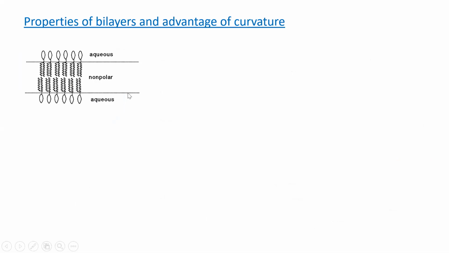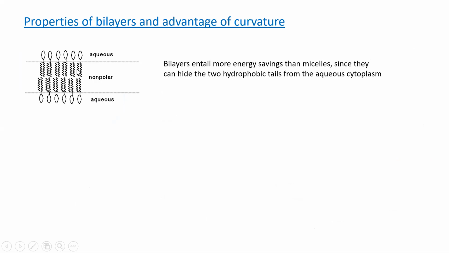So, properties of bilayers and the advantage of curvature. Bilayers, like the cell membrane, entail more energy savings than micelles for a two-tailed amphiphile, since they can hide the two tails from the aqueous cytoplasm.